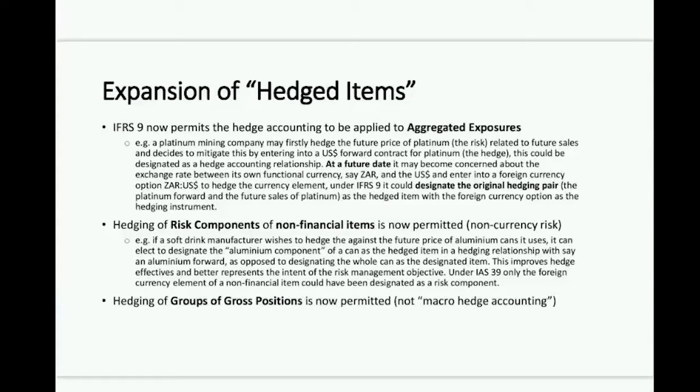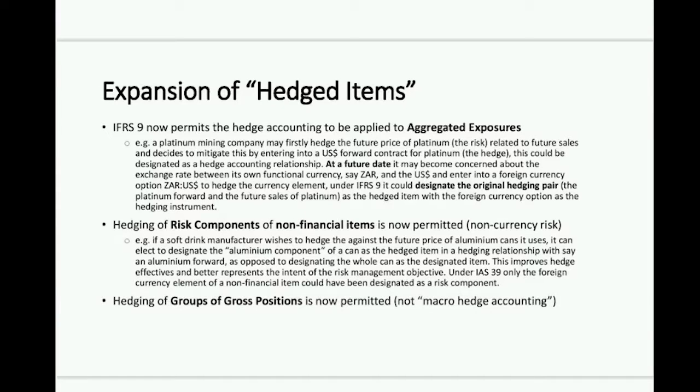The example I've used to illustrate this is a soft drink manufacturer that wishes to hedge against the future price of aluminium, which is the key raw material in the cans. It can now elect to designate the aluminium component of the can as the hedged item rather than designating the entire can.